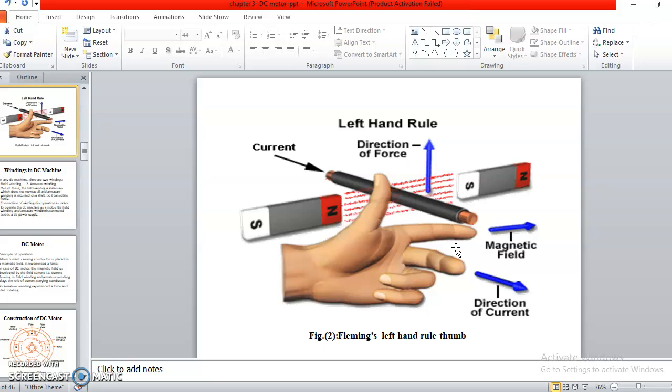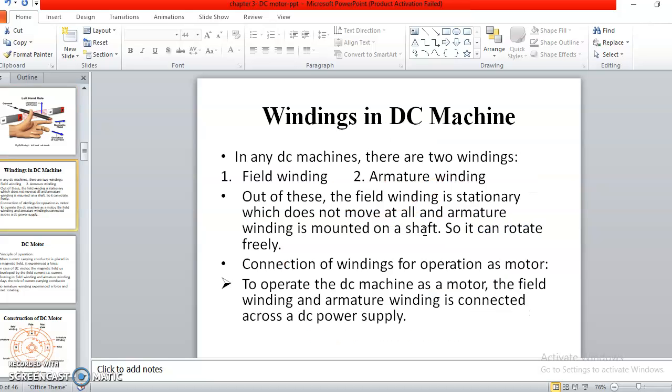Here you can apply Fleming's left hand rule. Magnetic flux lines are indicated by the first finger, the direction of current flowing through the conductor is indicated by the second finger, and the thumb indicates the force exerted on that conductor, and it starts rotating in clockwise direction. On this basic working principle, DC motor works.